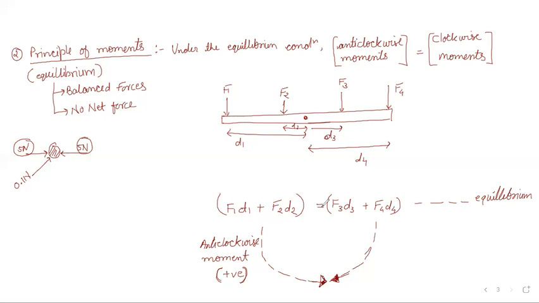If they are not equal, whichever is dominating will give the turning effect. So these moments, which we call clockwise moments, are taken as negative. This is more important. How?